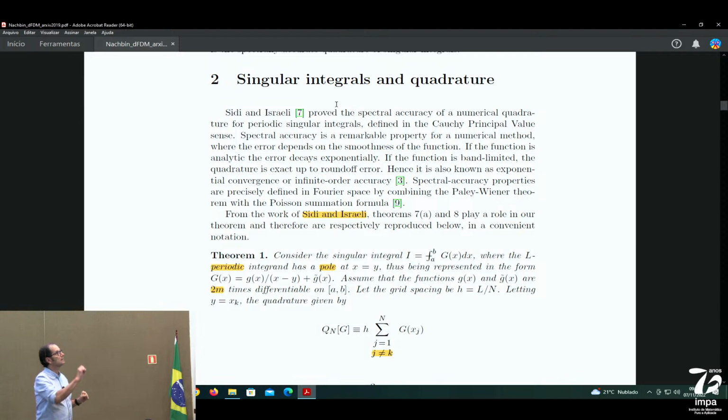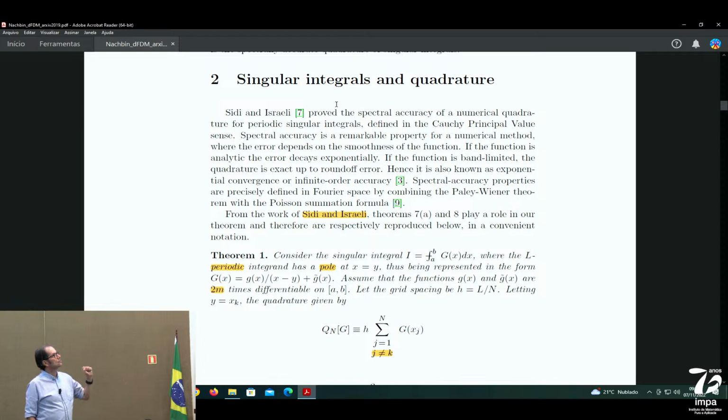Okay? And the theorem says that both g tilde and g have 2m derivatives. So they are 2m times differentiable on the interval. Okay? That's the hypothesis of the theorem. Then the grid size is h, okay, and so on.